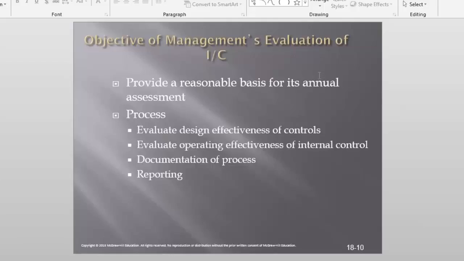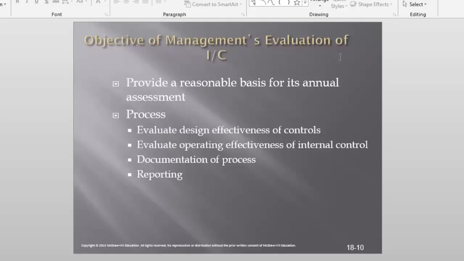In an evaluation, what we're looking for related to what the auditor is doing is the auditor is evaluating the internal control testing that management is doing. So what we're considering is the reasonable basis for the assessment.